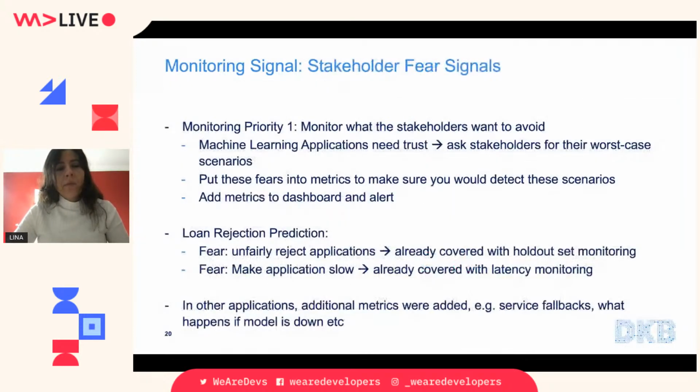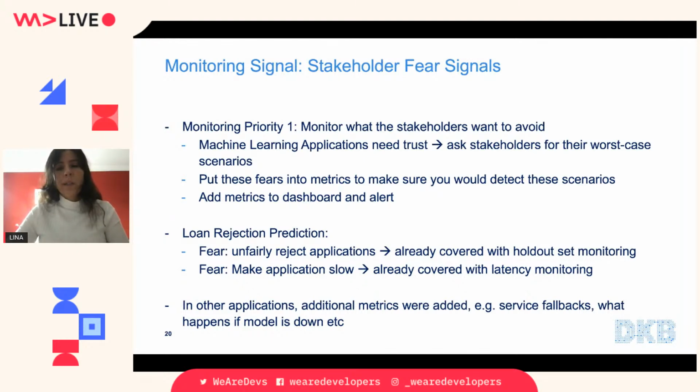The next thing I would recommend to you as a priority one is stakeholder fear signals. That's what I call this. So we are usually very excited about the upside of the machine learning model, but the stakeholders are also sometimes worried about what could go wrong. So, and we really need trust when we work with them, since machine learning is a little bit of a new topic to many stakeholders.